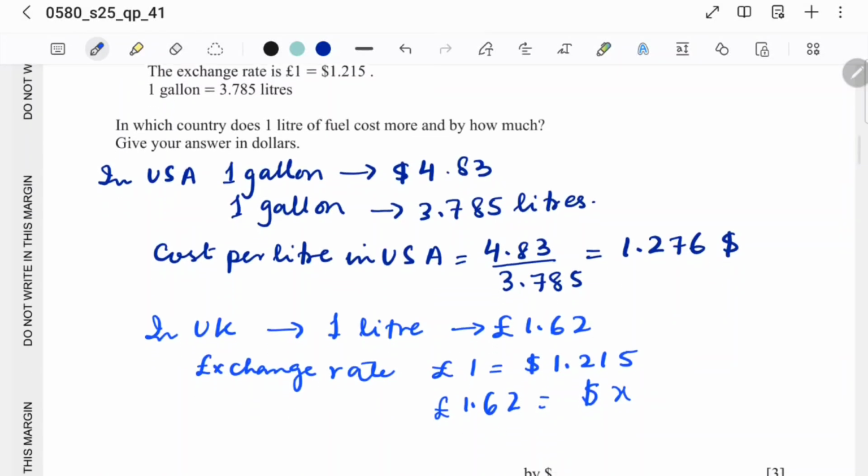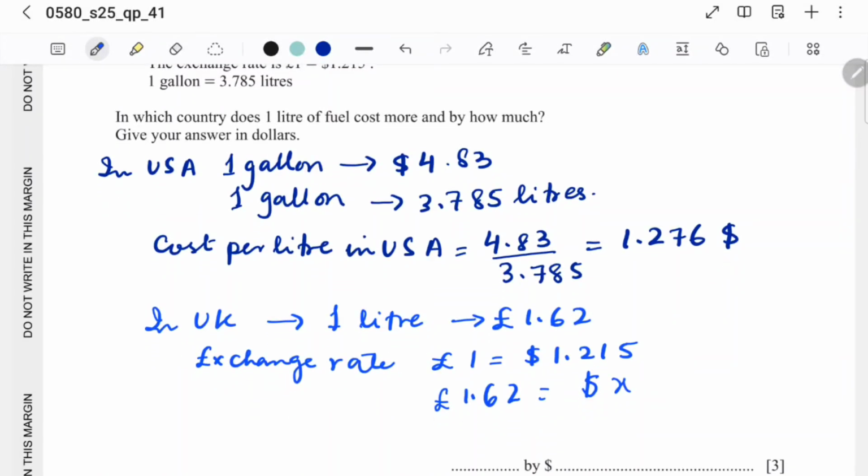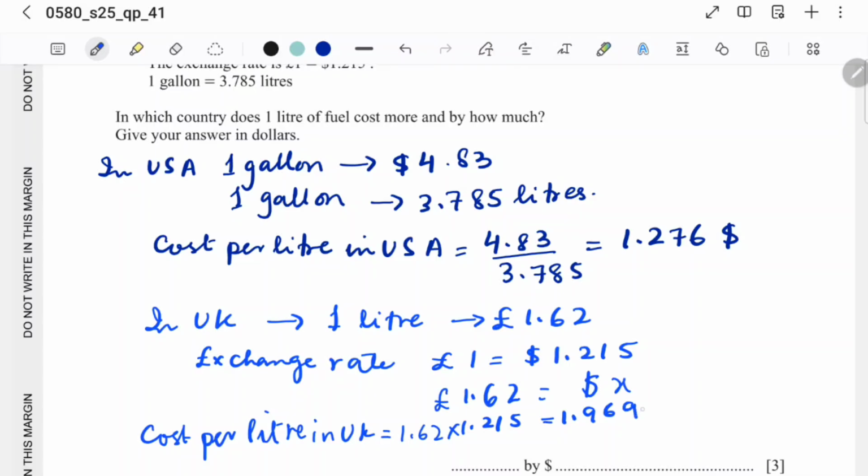We just simply cross multiply, then we get the cost per liter in the UK. So the cost per liter in the UK is equal to 1.62 times 1.215, which is $1.969. So we have found both costs in dollars, and then we can compare.